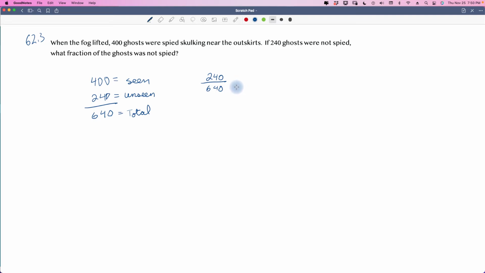And the way we reduce that, you can choose to first reduce everything by 10, and then you get 24 over 64. Then you could divide by 2, that's going to be 12 over 32. And then you could reduce that again by 4 and say 3 over 8. And that would be a right way to do that.